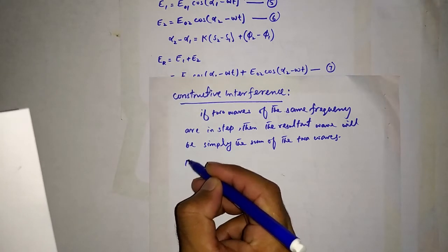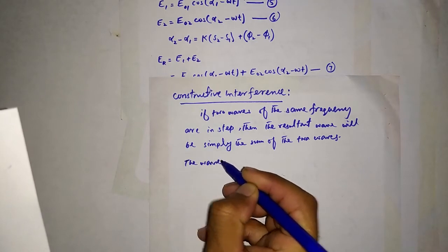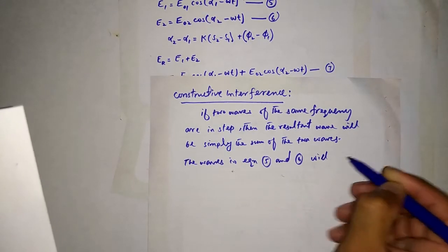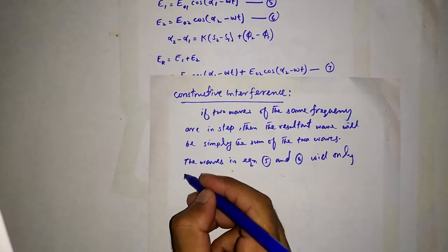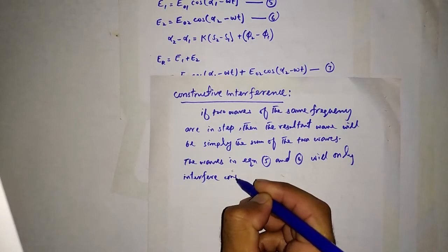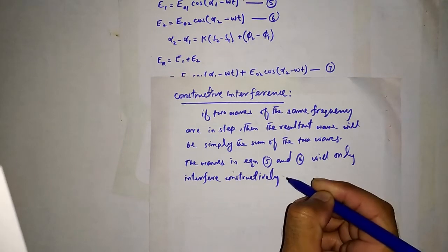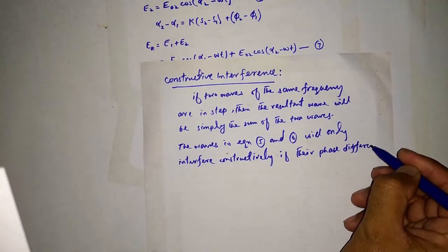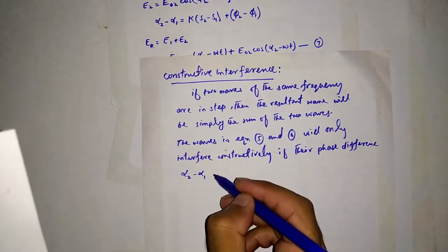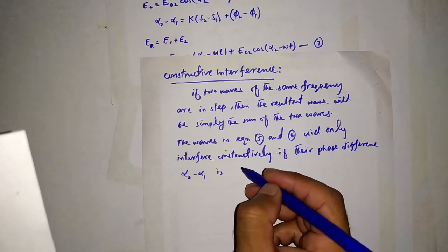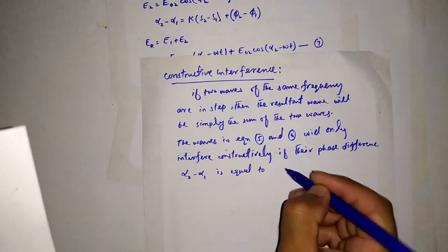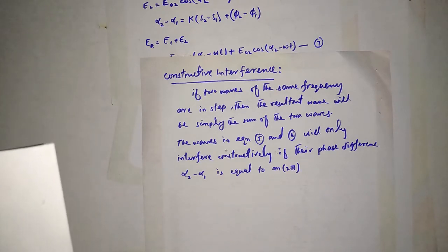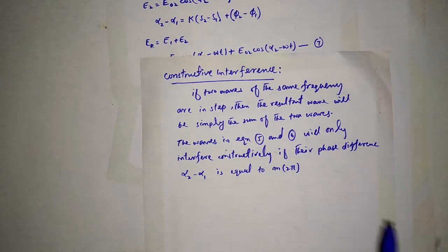The waves in equation 5 and 6 will only interfere constructively if their phase difference, that is alpha 2 minus alpha 1, is equal to m times 2 pi, where m is an integer. Clear?